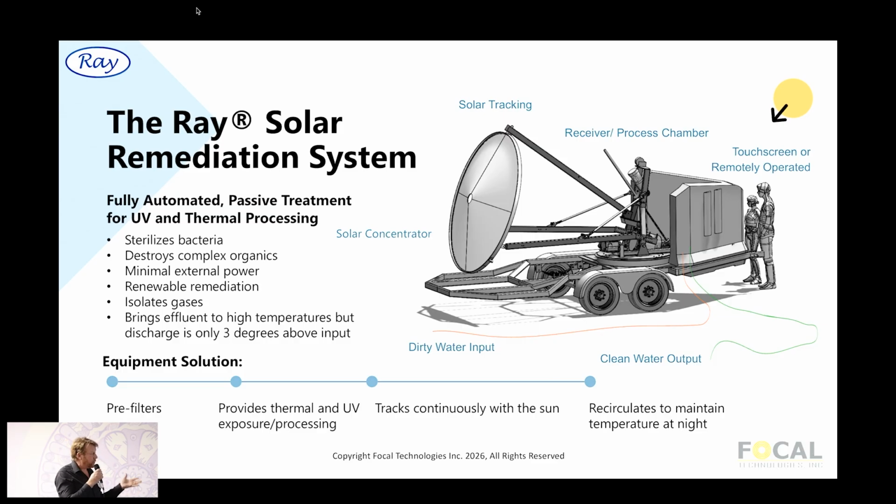Because it's solar, it uses almost no power, and it can isolate all gases coming off the process. This is packaged into a mobile, portable system that can scale, that again, attaches like a plumbing fixture. It can be a standalone, or it can attach onto a tank or any other treatment system to work either as a polish or a primary treatment source.